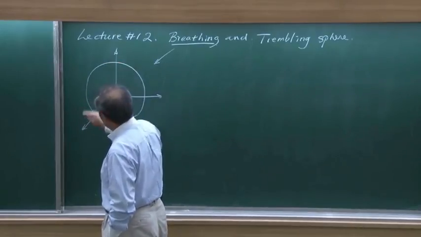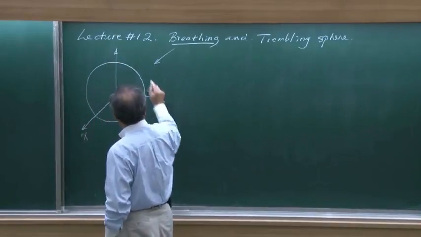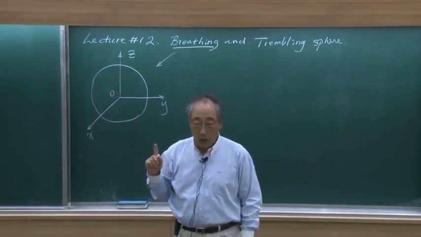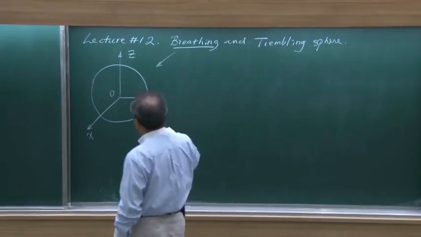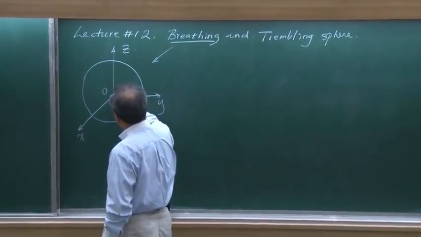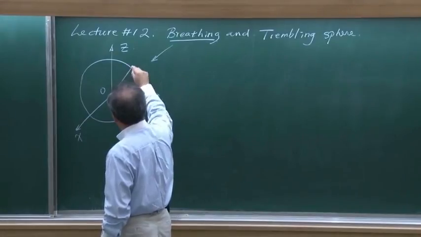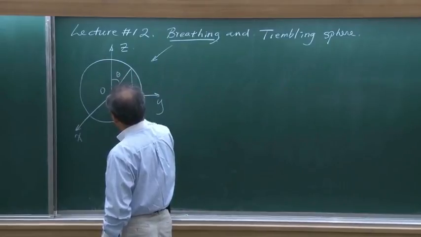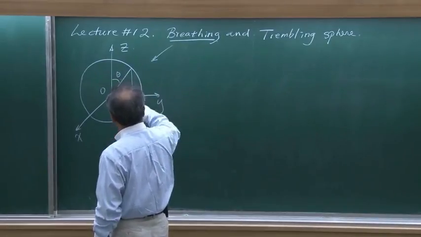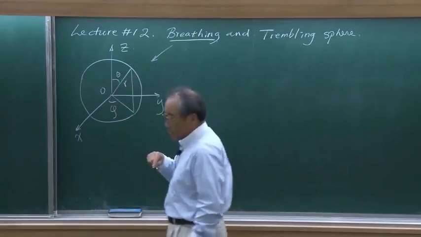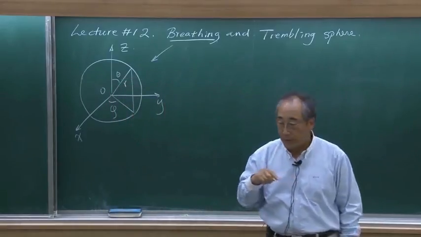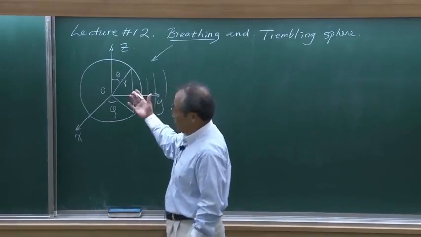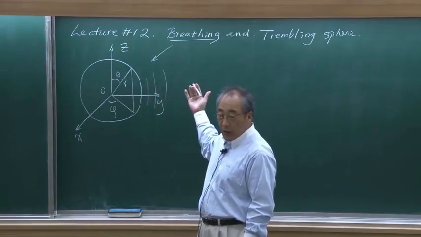And if I invoke the coordinates x, y, z, whose origin is located at the center of the sphere, normally it has dependency with respect to this angle and that angle, as well as the distance from the center of the sphere. And the wave will propagate through this phase.